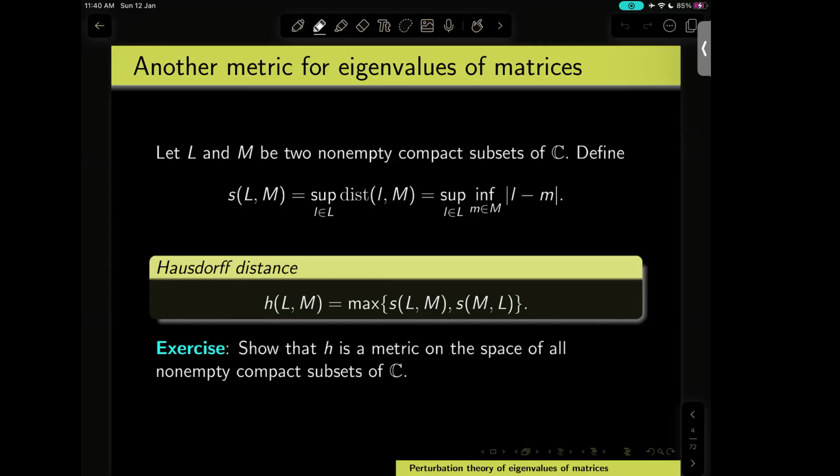When we changed from Hermitian and skew Hermitian, where we had a way of ordering, to the optimal matching distance, it was because we didn't have a way to order. So the optimal matching distance was taking care of our problem of ordering.